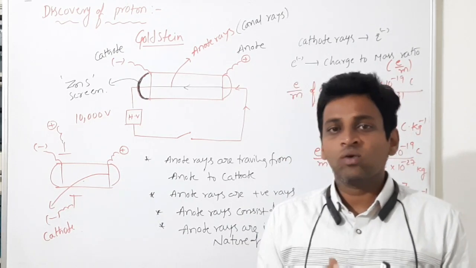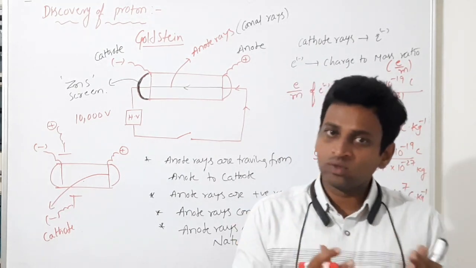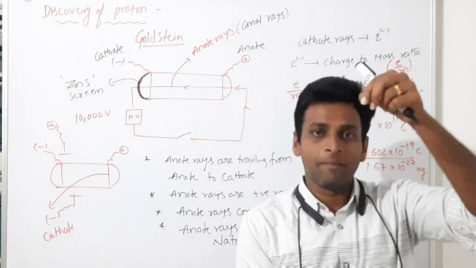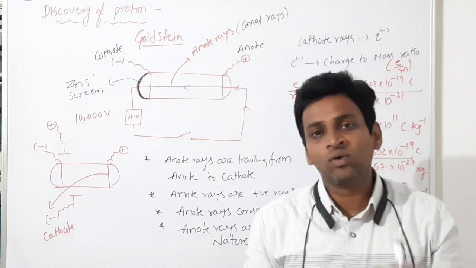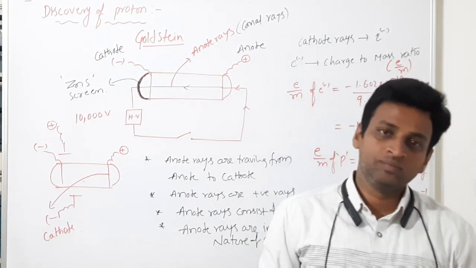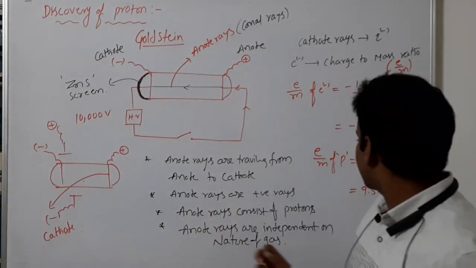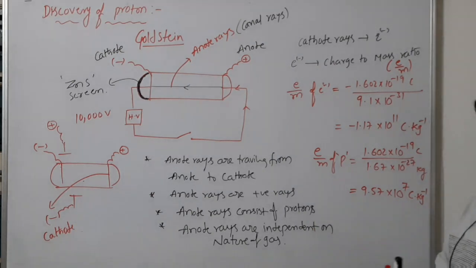Same way, anode rays travel from anode to cathode, and if we keep a magnetic field, the anode rays deflect towards the north pole. These things are very important.